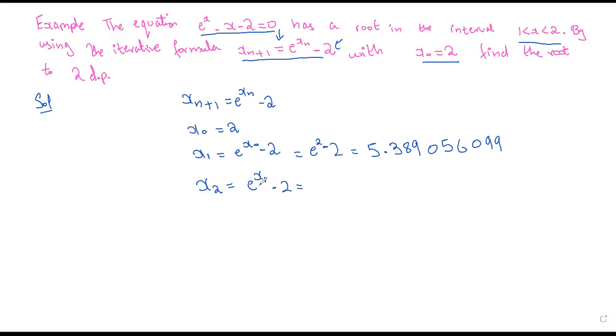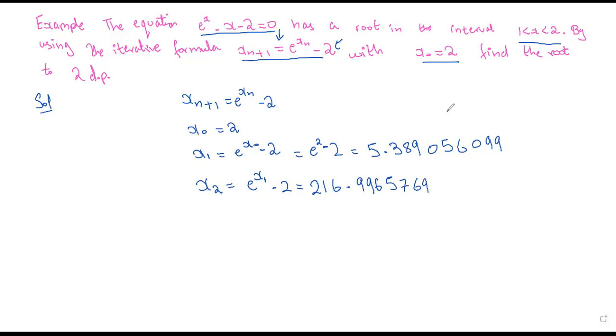What is the value for this one? e to the power answer minus 2 is 216.996, 5769.